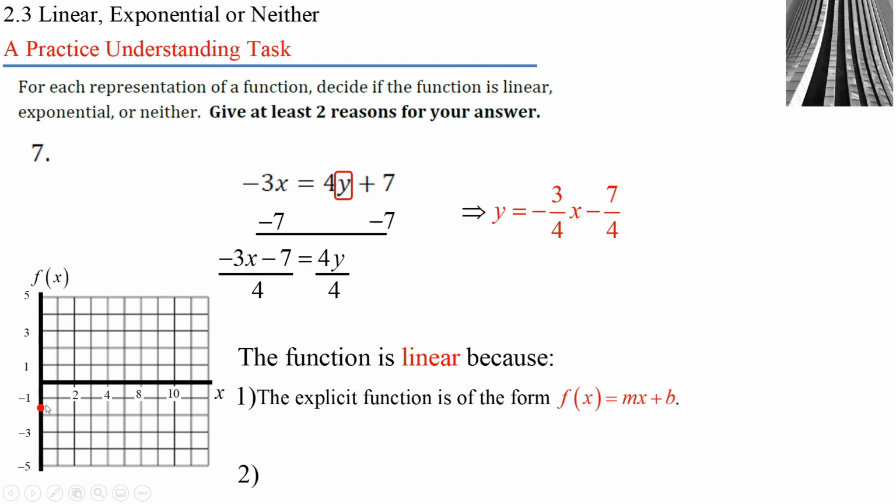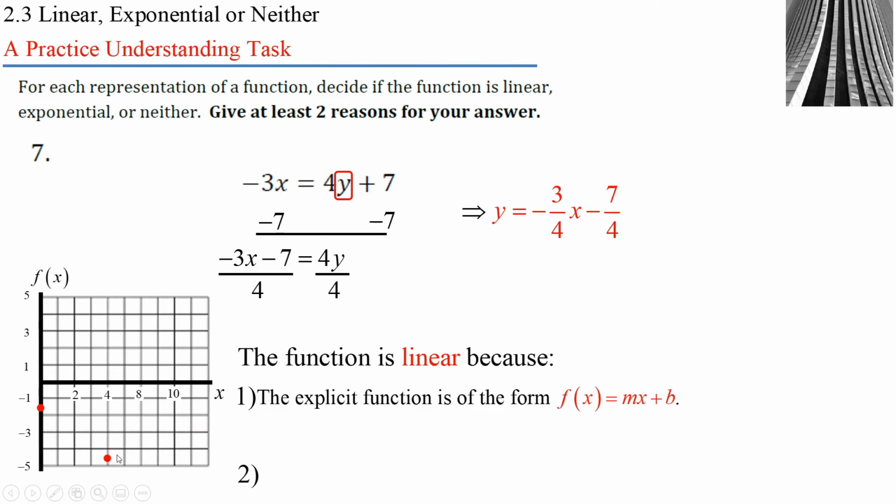There we go. All right, and now what's my slope? Well, slope is rise over run, so I'm dropping 3 and I'm running 1. So let's just drop 3: 1, 2, 3, and then run 1, all right? Or excuse me, I'm running 4, 2, and 4 right there.